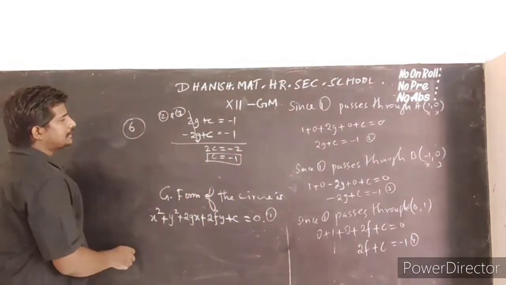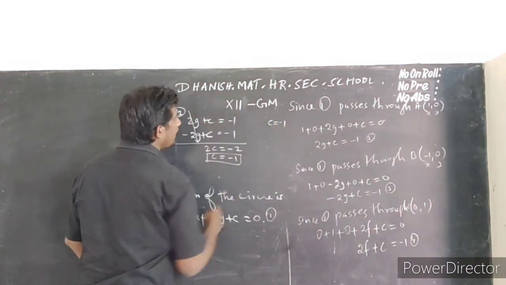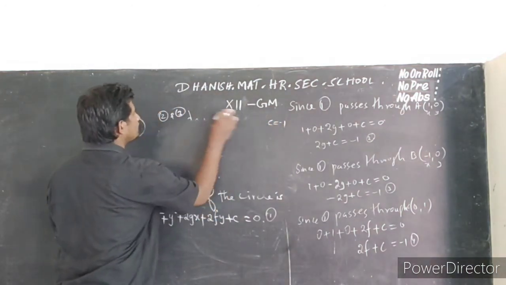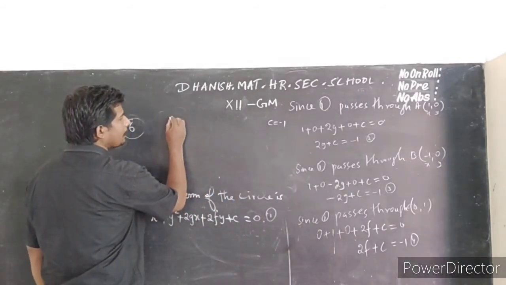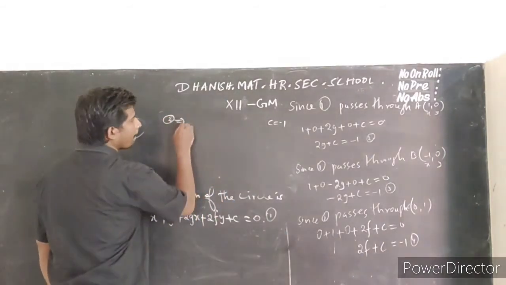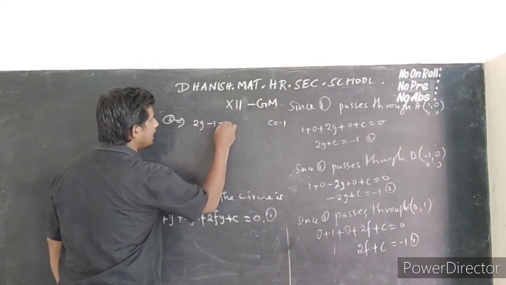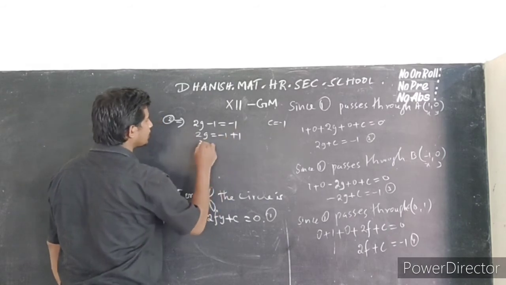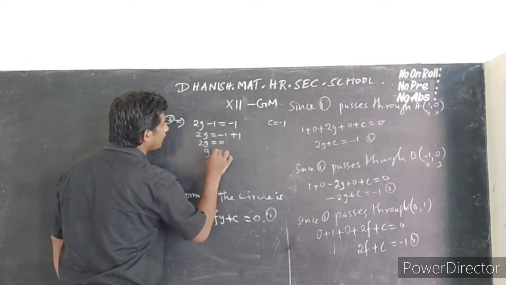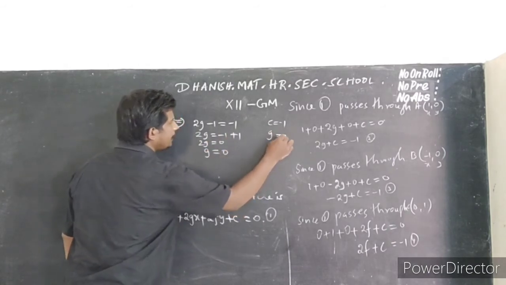Now I'm going to substitute c as minus 1 in equation number 2. So equation 2 becomes 2g minus 1 equal to minus 1. So 2g equal to minus 1 plus 1, so 2g equal to 0 or g equal to 0. Our g is 0.